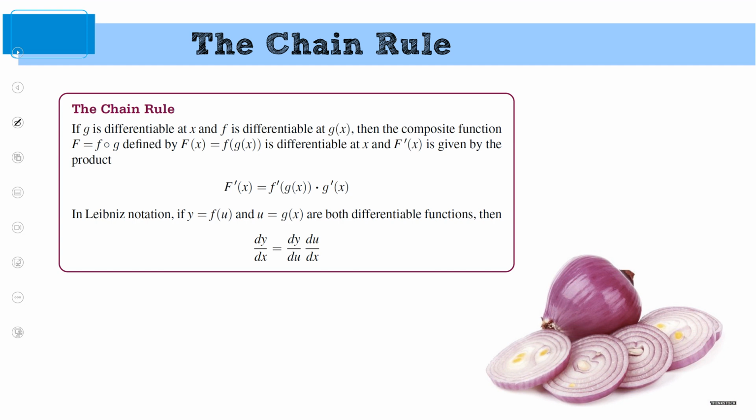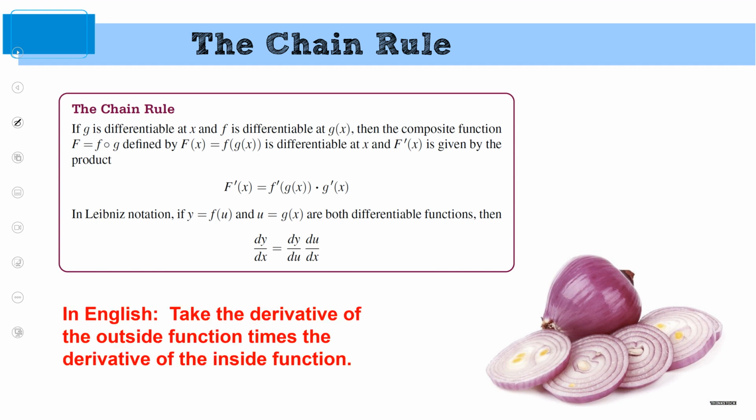We have some function that's defined as a composite function. The derivative of the composite function in the example is found by taking the derivative of the outside and chaining on the derivative of the inside. That's all this is saying. In fact, I put it there in English for you. Take the derivative of the outside function and chain on the derivative of the inside function.